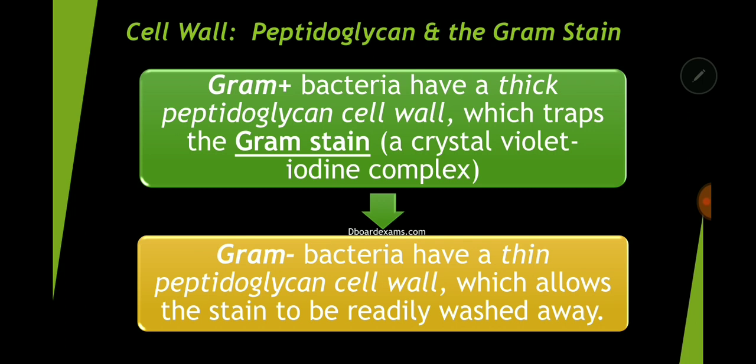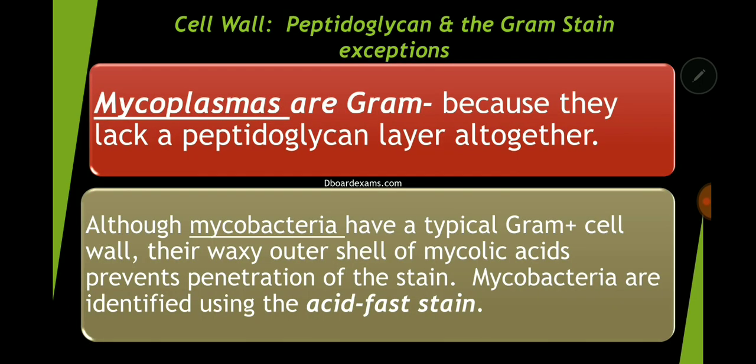However, gram negative bacteria have a thin peptidoglycan cell wall, and this allows the stain to be readily washed away. So it goes in, and then when you wash it, it washes out, so you don't see the gram stain anymore. So you have to know the differences in terms of the structure of the gram positive and gram negative bacteria.